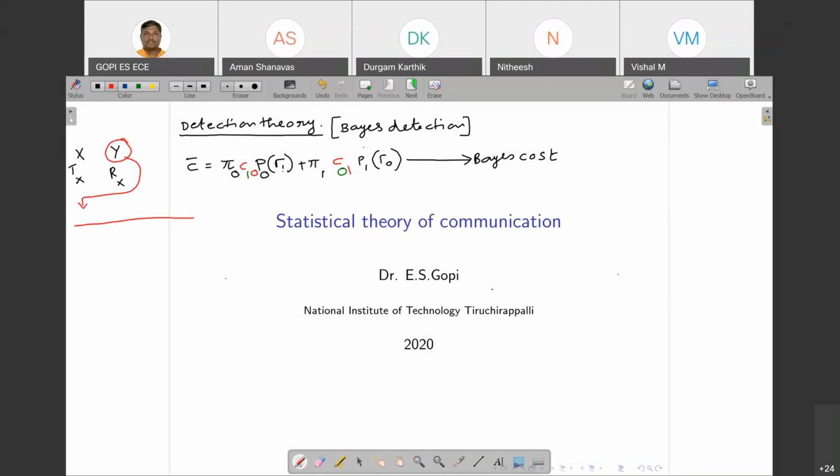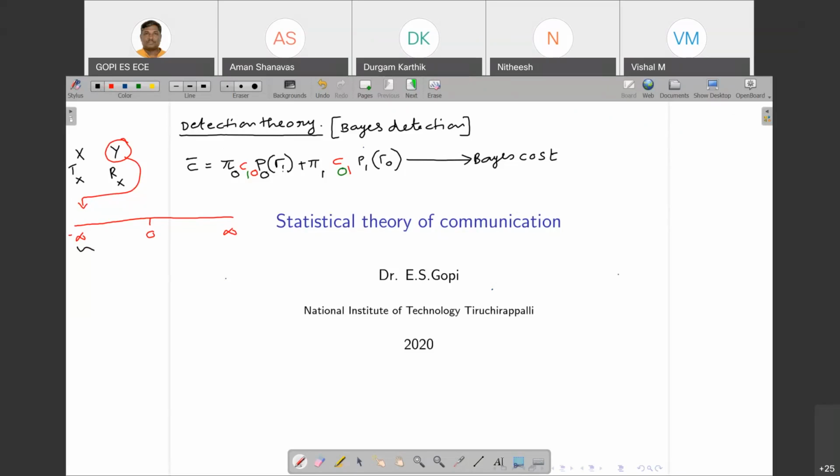Let us say the outcome of the receiver random variable y is spanning that range, like minus infinity to plus infinity. Your goal is to partition this observation set into two parts.